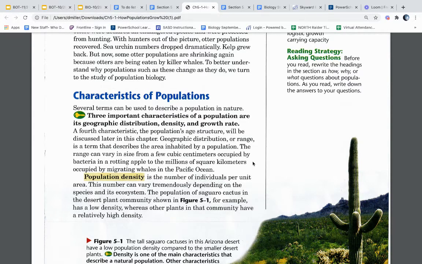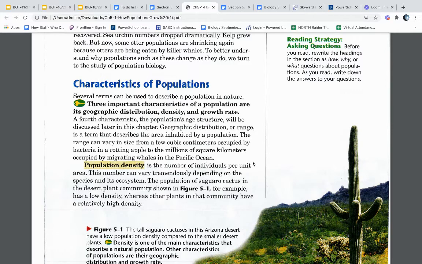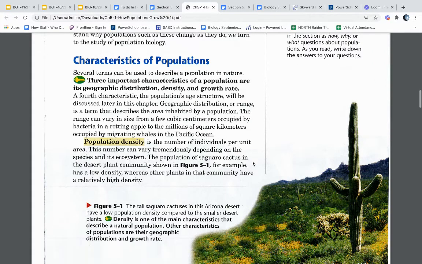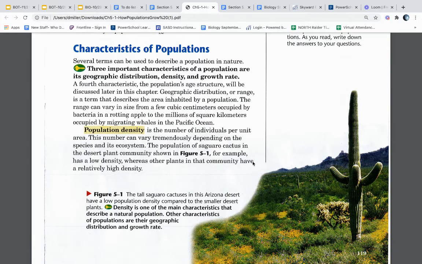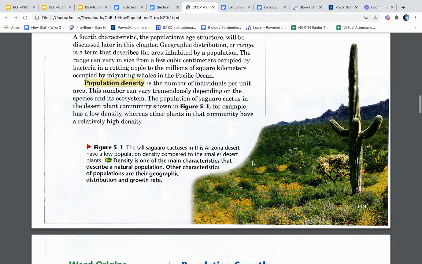Population density is the number of individuals per unit area. This number can vary tremendously depending on the species and its ecosystem. The population of saguaro cactus in the desert plant community shown in Figure 5.1, for example, has a low density, whereas other plants in that community have a relatively high density.